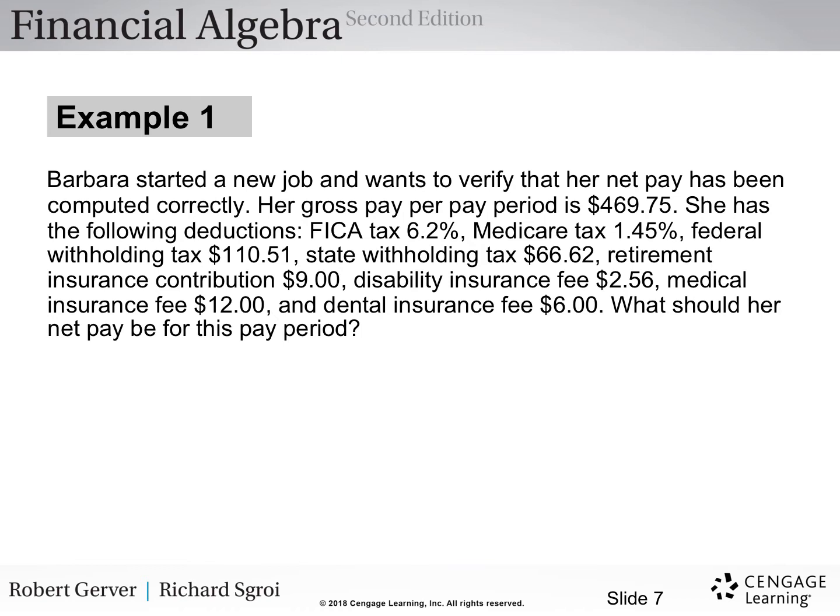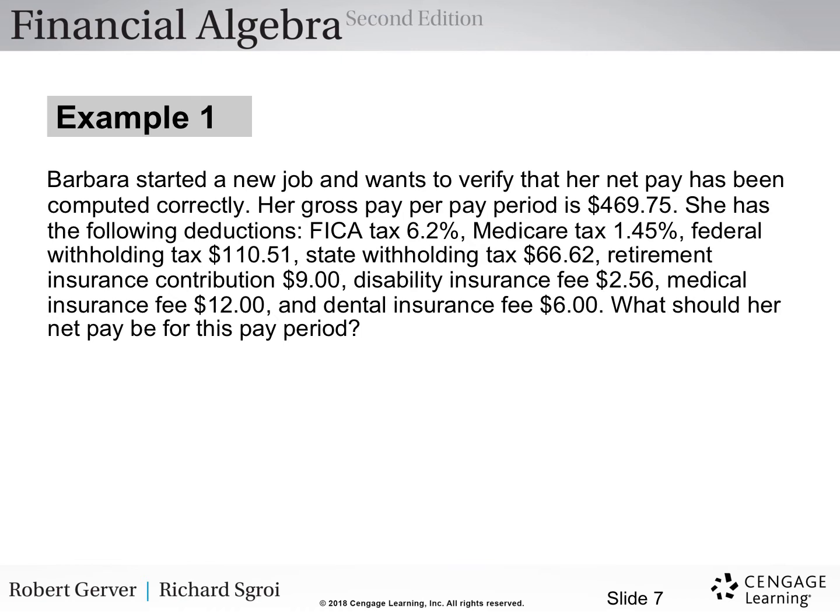All right, let's look at an example. Barbara started a new job and wanted to verify that her net pay has been computed correctly. Her gross pay per pay period is $469.75. She has the following deductions: FICA tax, 6.2%. Medicare tax, 1.45%.